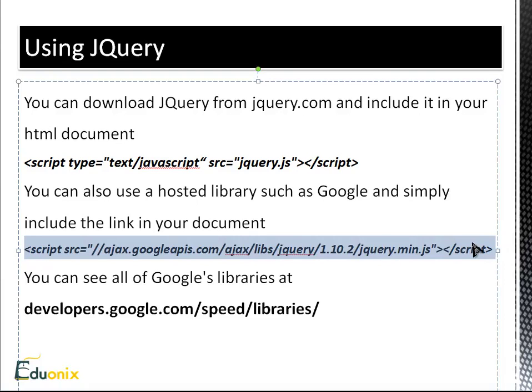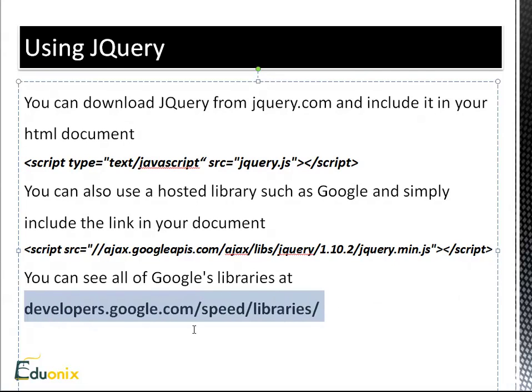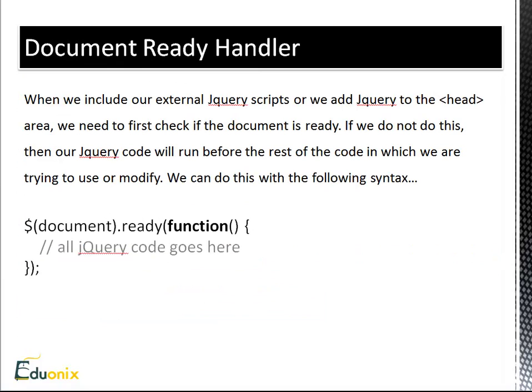So this is the quicker way of doing it. If you're using your local host and you're not actually on the internet, then I'd suggest using the download instead, because sometimes this won't work. You can see all of Google's libraries at this link here at the developer site. There's jQuery, and there's a whole bunch of other stuff you can check out.